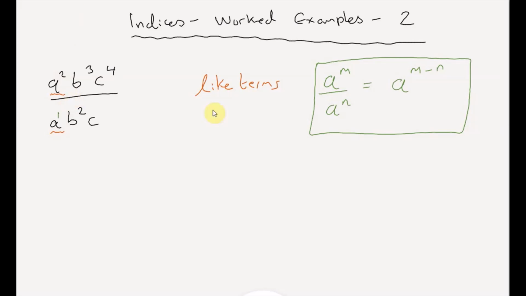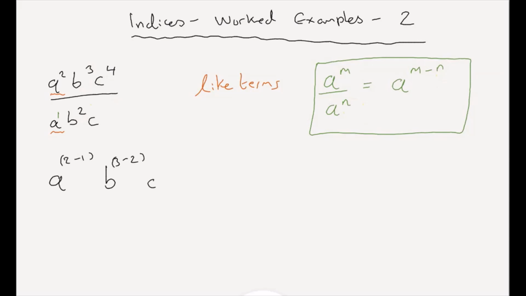So what do we want to do? We look at the formula, compare it to that, and you can see that we actually subtract the powers. So we're going to have a to the 2 minus 1. That's going to be multiplied by b to the what? Well, we've got a 3 and a 2, and according to the formula we have to subtract those, so 3 minus 2.